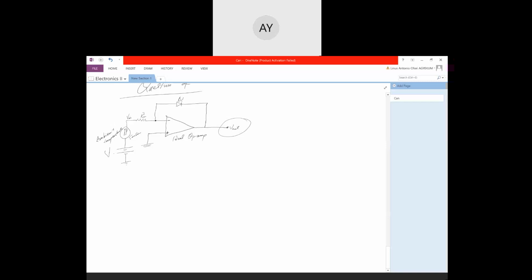So we are being asked to find the output voltage as a function of the input voltage or the temperature to be measured. In the question, we are told that temperature is approximately V in.